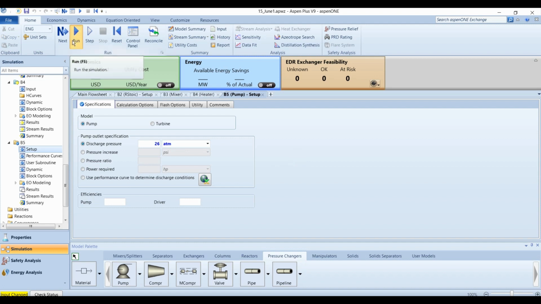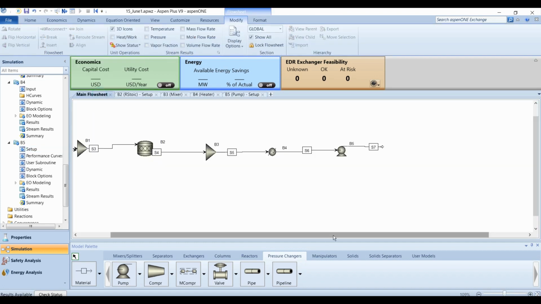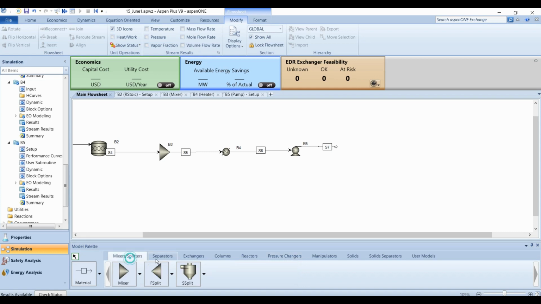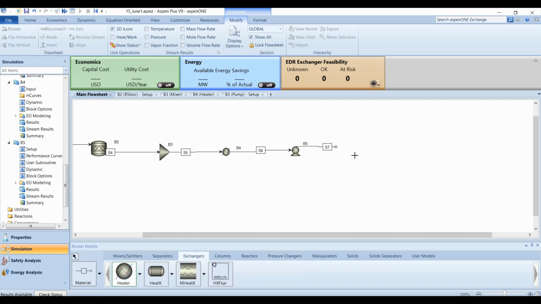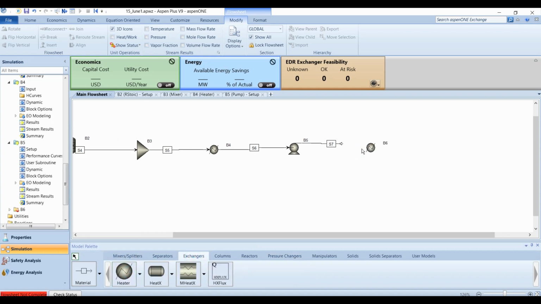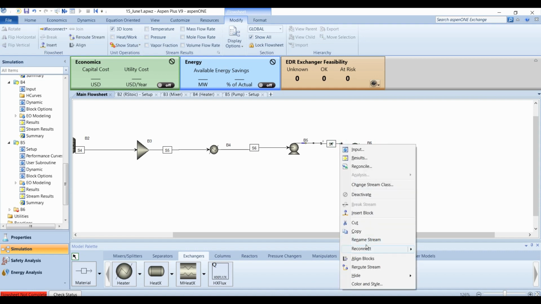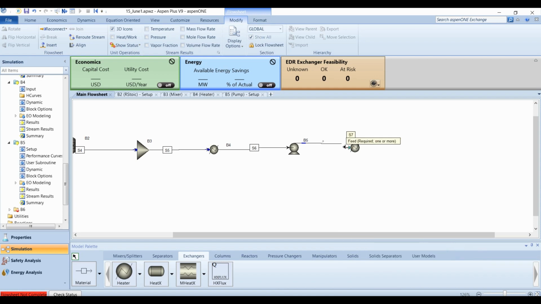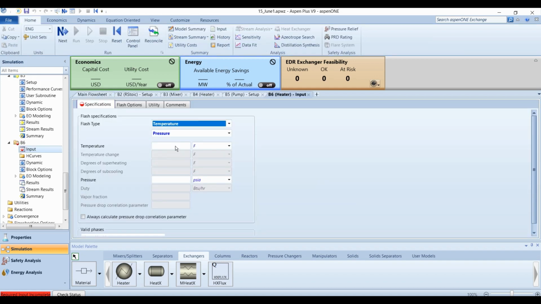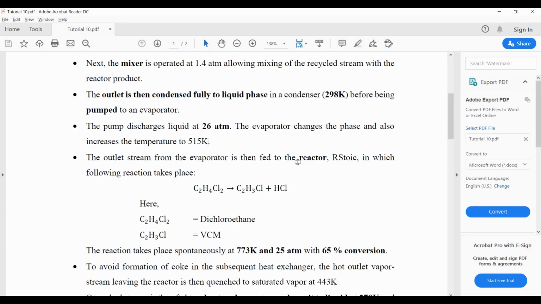I'll click on next. Now I have to use an evaporator. Evaporator means again a heat exchanger with vapor fraction equal to 1. I will click on next, and the temperature is given as 515 Kelvin.